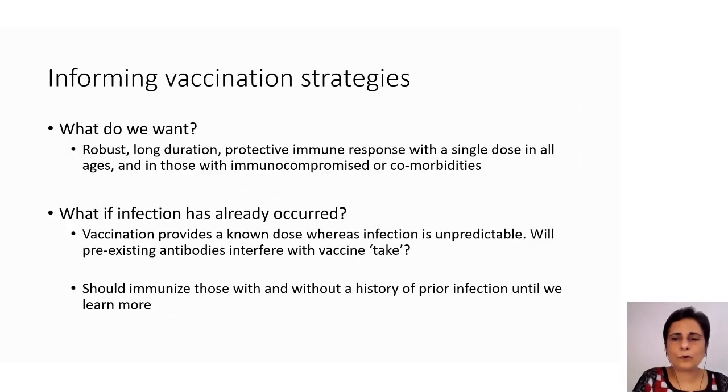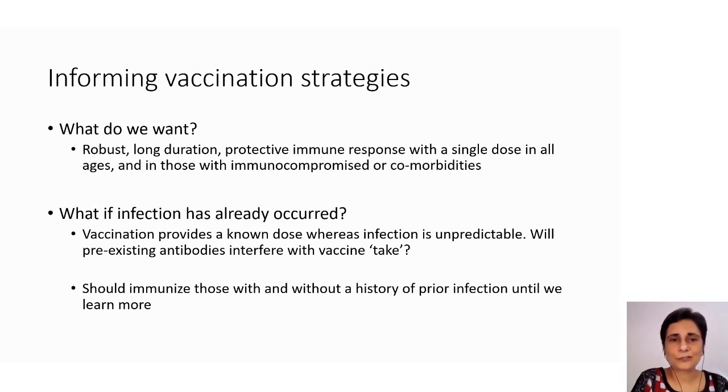Now, with all of this information, what do we want to do to inform vaccination strategies? What do we want? We want robust, long duration protective immune responses with a single dose in all ages, including those with immunocompromise or with comorbidities. Have we got that yet? Not yet.